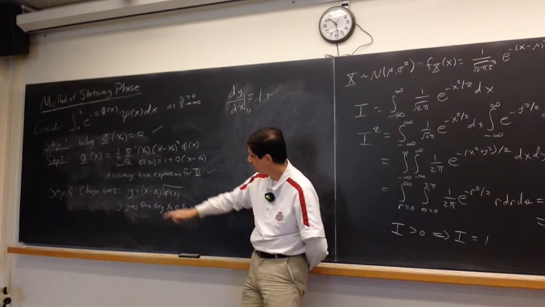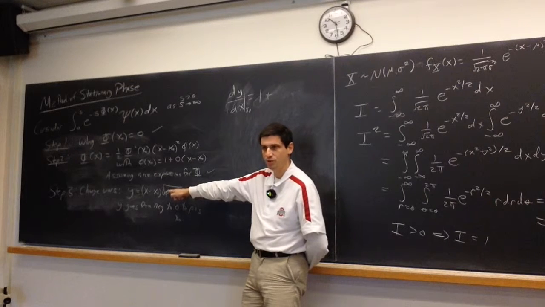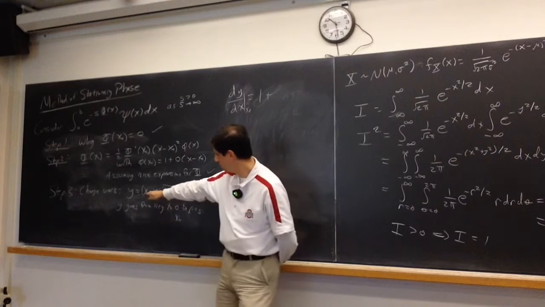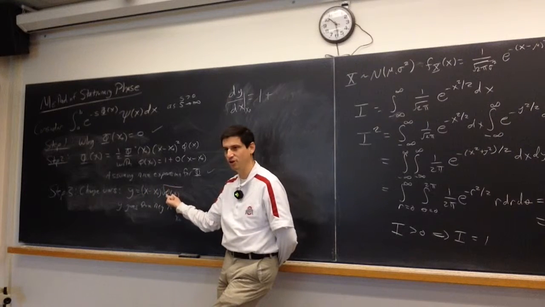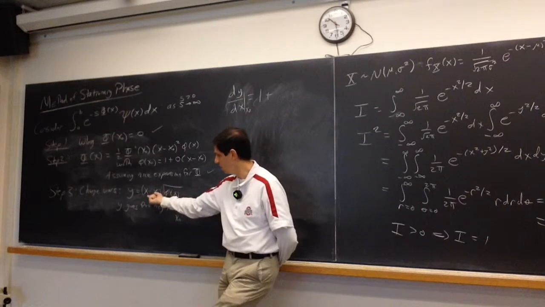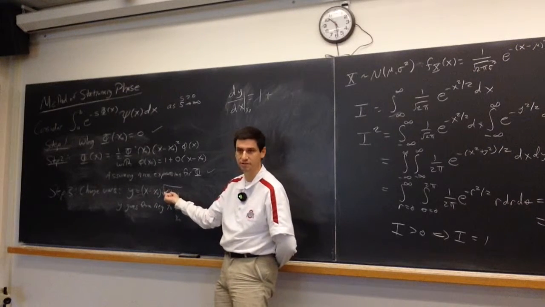OK. Well, if we take the derivative of this, we use the product rule. The derivative of the first piece is going to be 1. And then we multiply by phi of x naught, which is 1. And then we have this times the derivative of this piece. The derivative of this piece is going to be well behaved. You'll have 1/2 phi of x to the negative 1/2 phi prime of x.